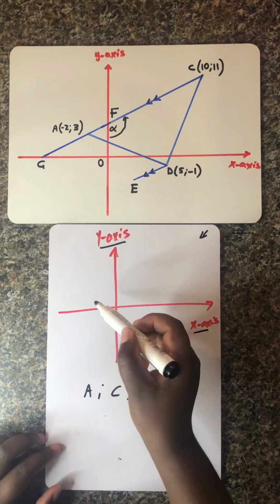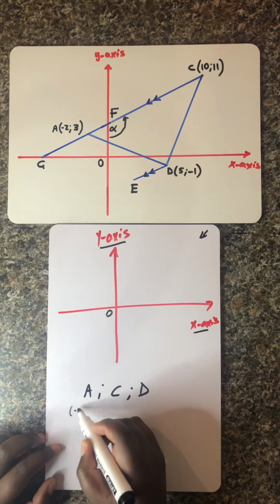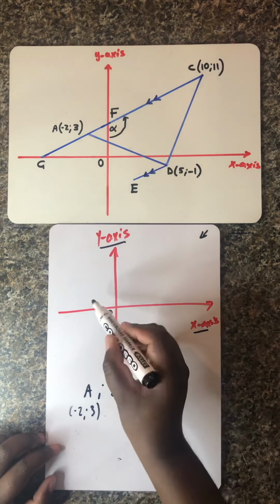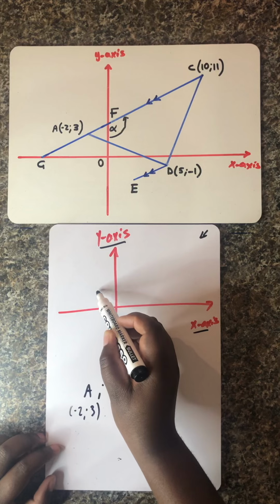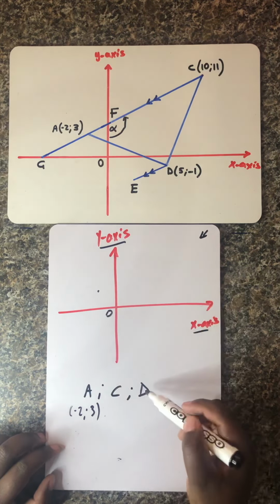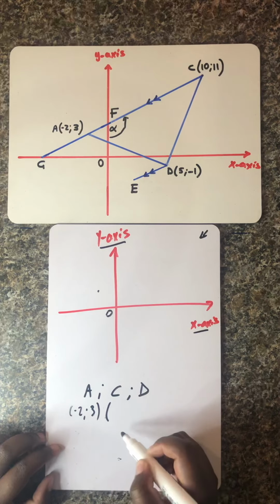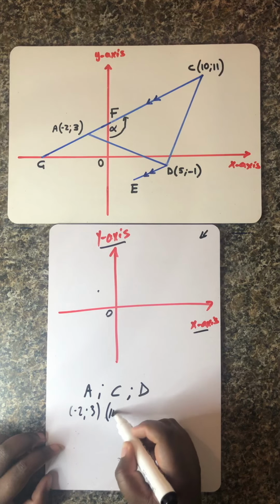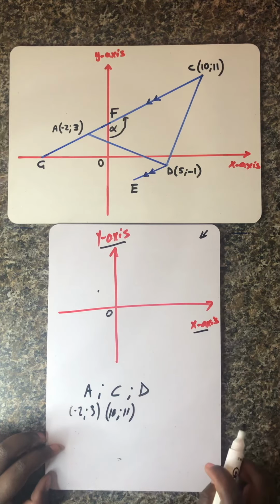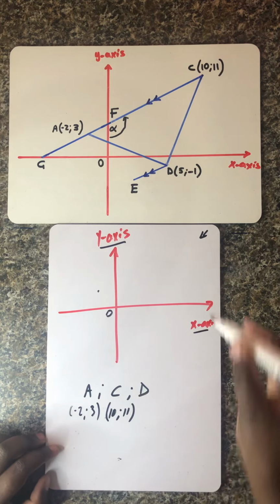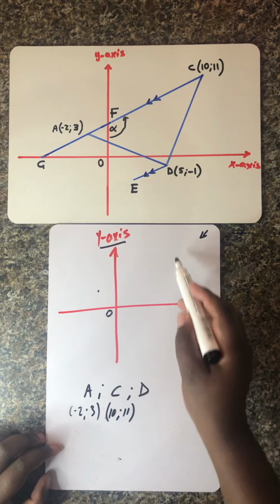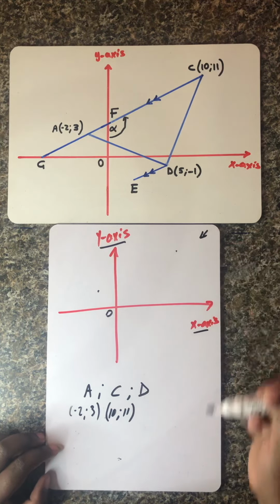A is where x is -2 and y is 3, so we can just make a point somewhere there. C is where the x value is 10 and the y value is 11, so let's assume 10 there and go 11 up, somewhere there.